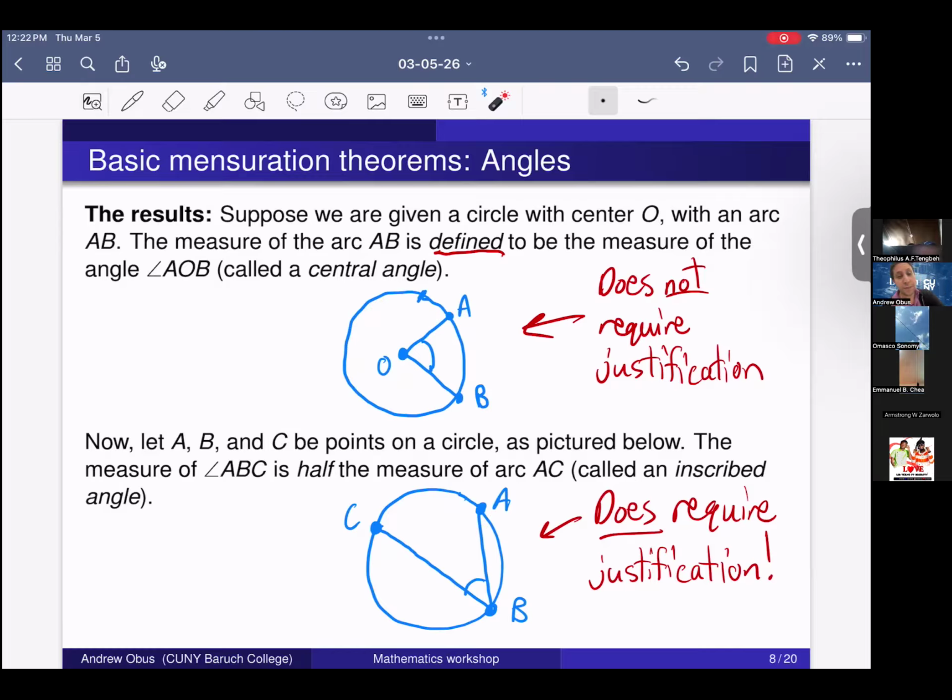If the angle is 50 degrees, then the arc is 50 degrees. Now, the actual arc length might depend on the radius. If the circle has radius 1 or radius 2, then the actual arc length in terms of calculus will be different. But when we say the measure of the arc, we don't mean the length, we mean the angle measure. And in this case, that's the same as the central angle. So if the central angle is 50 degrees, we say the arc is 50 degrees. Does that answer the question?